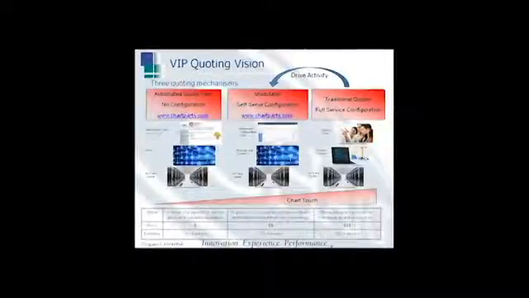Okay, a little bit about the quoting vision. Most everyone is familiar with chartparts.com and how it works. You basically go to www.chartparts.com. You'll be able to see pictures. There are parts that are grouped in categories of a similar function.